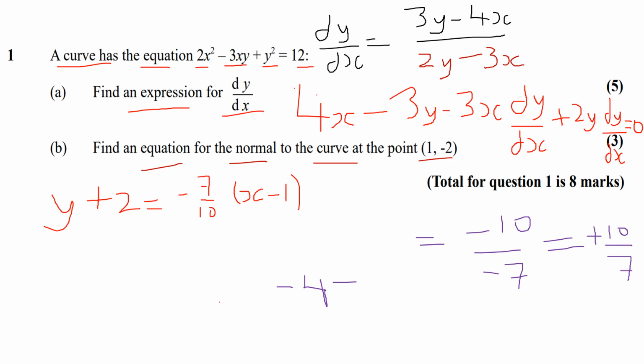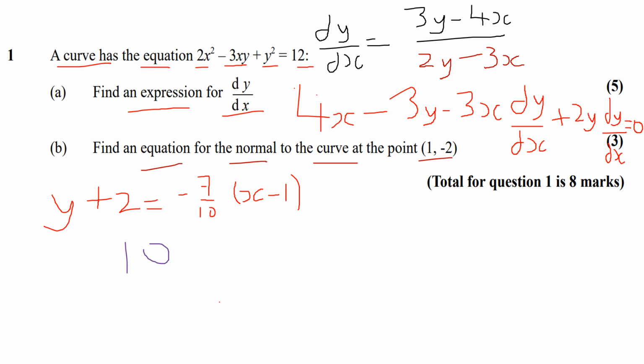In this case, it's 1 and minus 2, so x1 is 1 and y1 is minus 2. Remember, if you subtract the negative, it becomes positive. I'm going to times up by 10. So I'm going to have 10y plus 20 is equal to minus 7x plus 7.